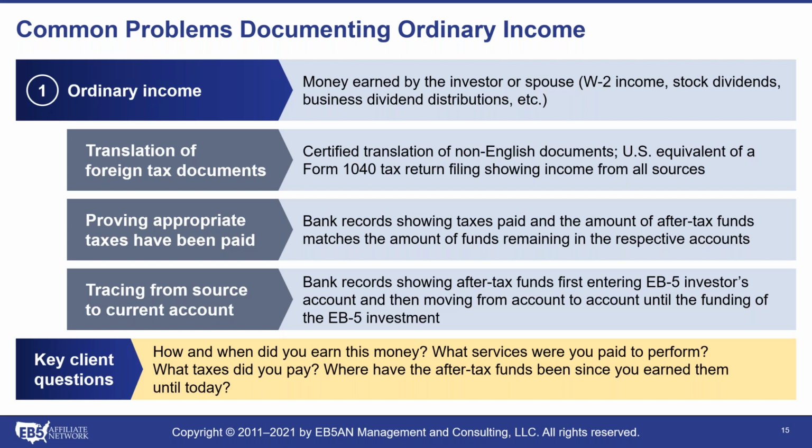And USCIS acts almost like a forensic accountant. They want to see bank statements showing salary being deposited on a regular basis, if that's what your source of funds derives from.